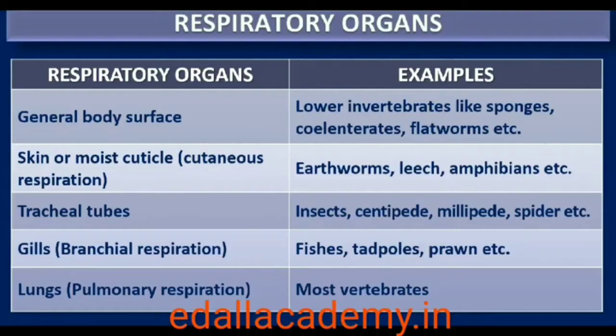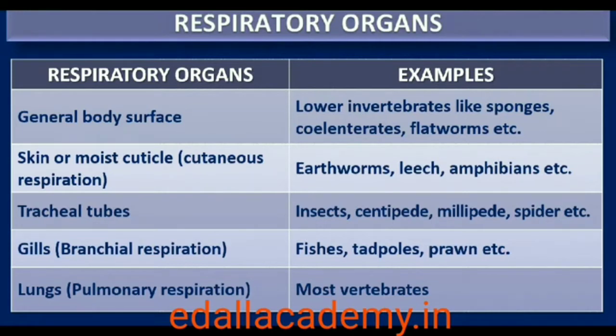17.1 Respiratory organs. Mechanisms of breathing vary among different groups of animals depending mainly on their habitats and levels of organization. Lower invertebrates like sponges, coelenterates, flatworms, etc., exchange O2 with CO2 by simple diffusion over their entire body surface.